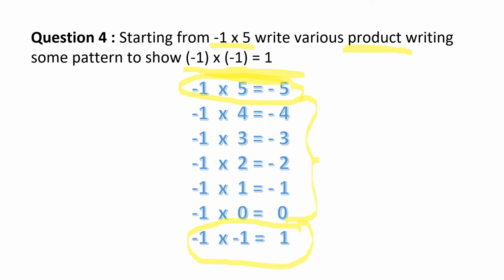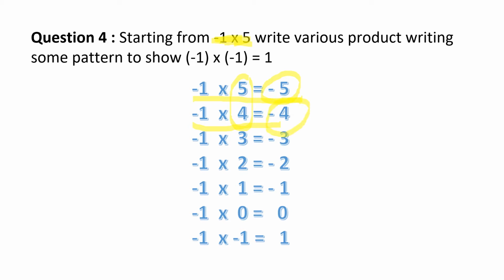Okay, so let's write. First we start with minus 1 into 5. Why do we start with minus 1 into 5? Because it is given in the question, right? So we start with that. Minus 1 into 5 is minus 5. Next is minus 1 into 4. You can see 5 decreased to 4, then minus 5 will become minus 4.